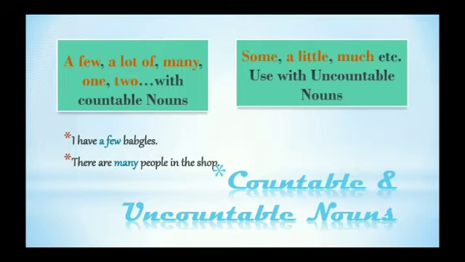These are the expressions we use with uncountable nouns. I would like to have a little rice. So don't get confused, children. With countable nouns, we use a few, a lot of, many, one, two, three, four, etc. But with uncountable nouns, we use some, a little, much.